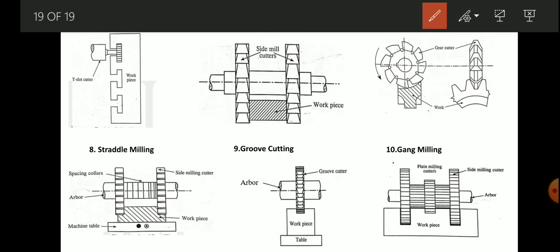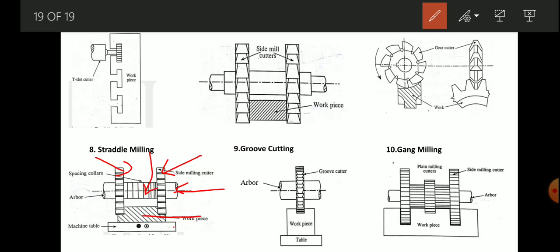Now let us see what straddle milling is. Straddle milling consists of side milling cutters, and a spacer is used to give the space between the two side milling cutters, and we have a workpiece. The cutters are placed on the arbor.